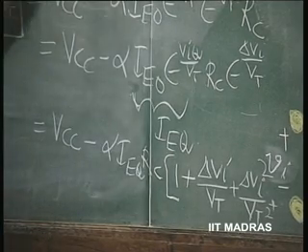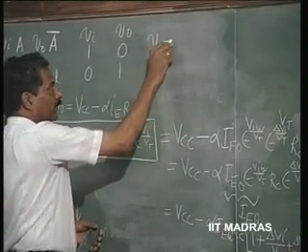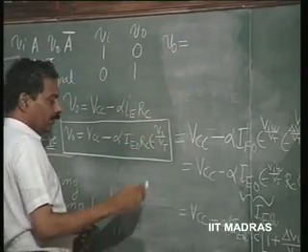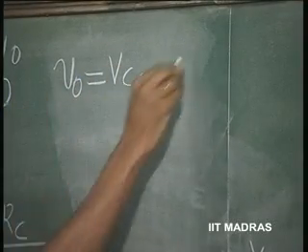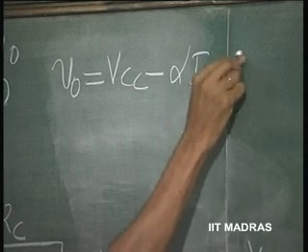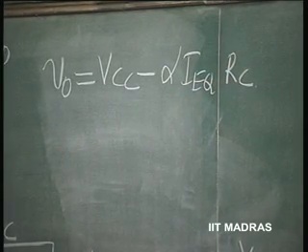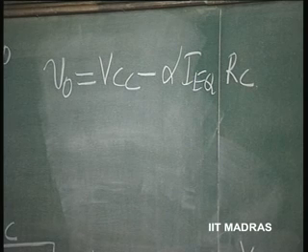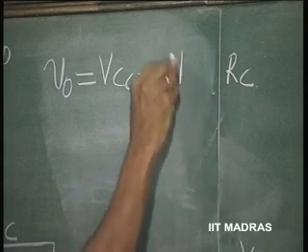So, this is the output voltage V naught, now equal to VCC minus alpha IEQ RC. What is alpha IEQ? Alpha times IEQ is nothing but ICQ, the quiescent collector current.